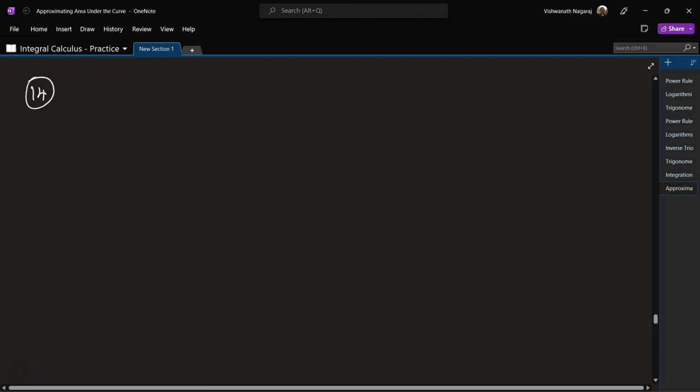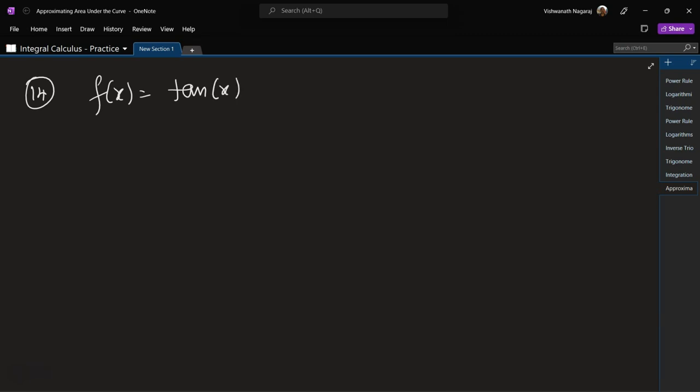Now the 14th problem. F of x is equal to tan of x in the interval minus pi by 4 to pi by 4. Okay. And you can figure out whether it is a valid value or not. Remember the graph of tan x.